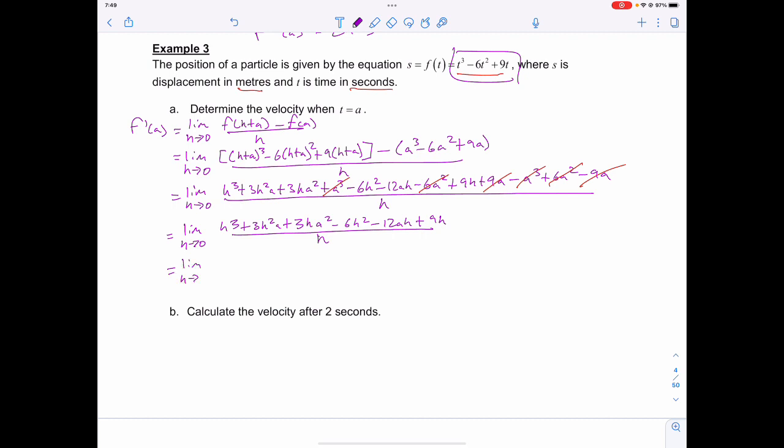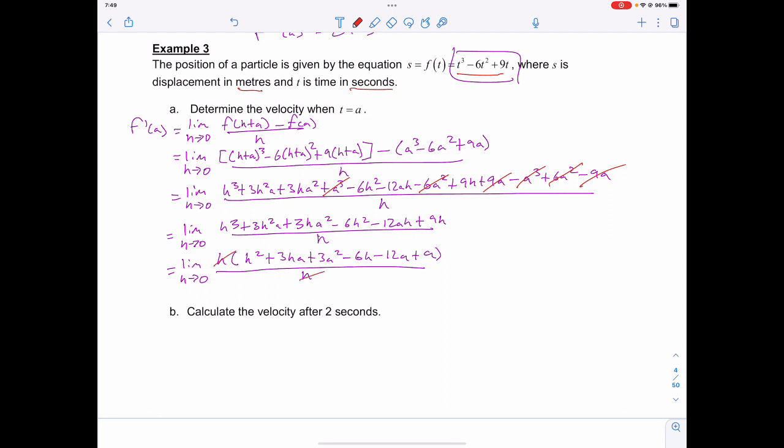Limit as h approaches 0 of h bracket h squared plus 3ha plus 3a squared minus 6h minus 12a plus 9, all over h.